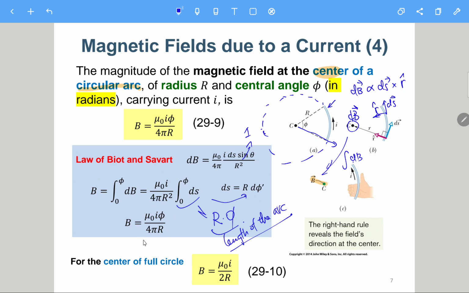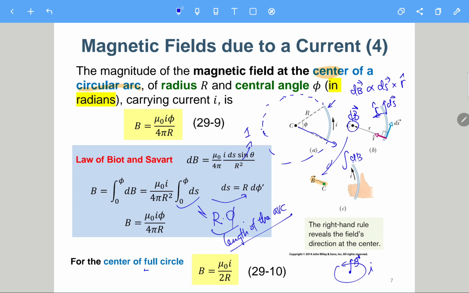There is a special case for this equation, which is a full circle. If the current is going counterclockwise, then at the center the magnetic field will be pointing upward. You can simply use the right hand rule to determine this: your forefinger follows the direction of the current, and your thumb points in the direction of the magnetic field.